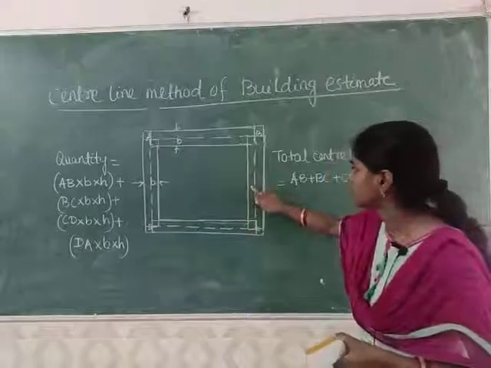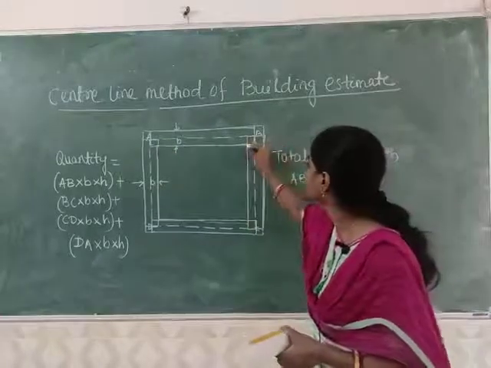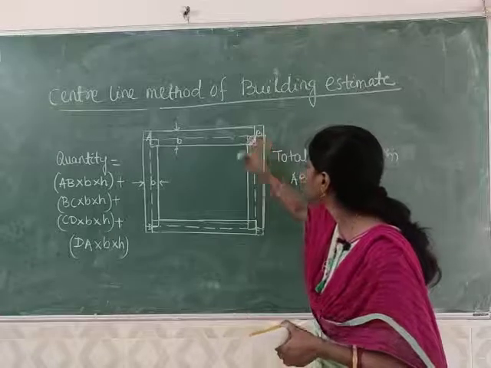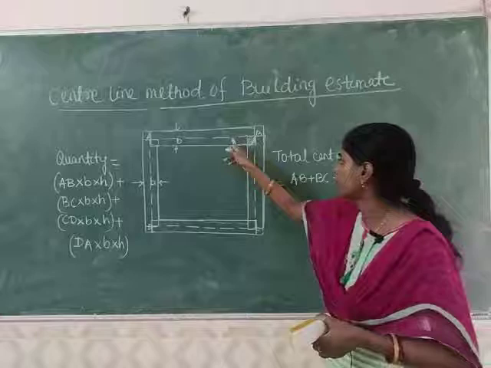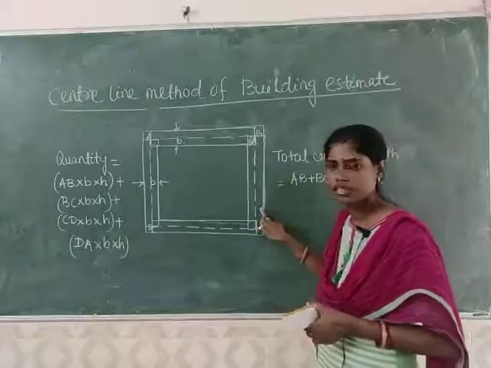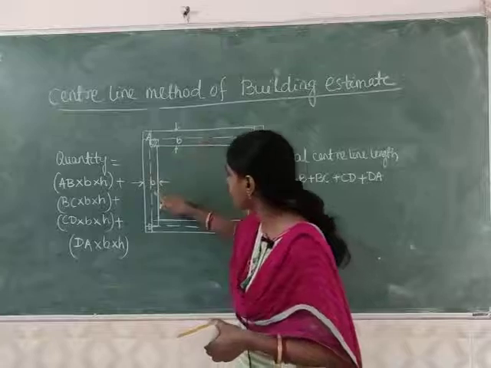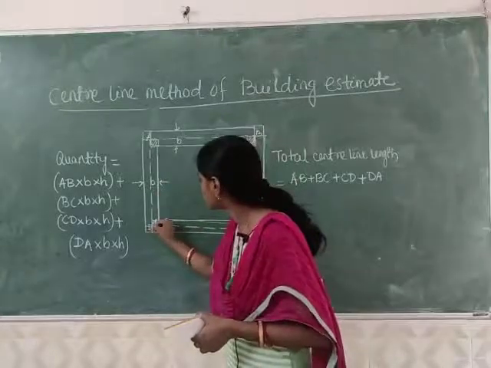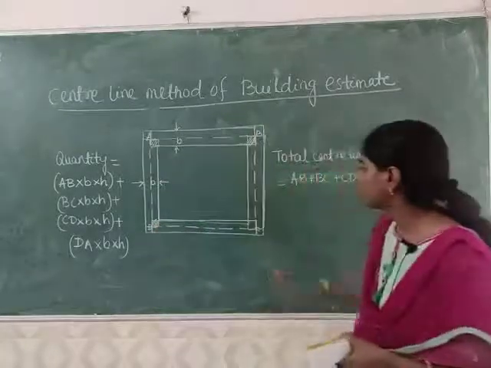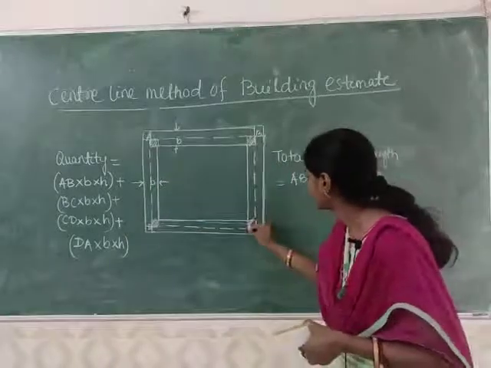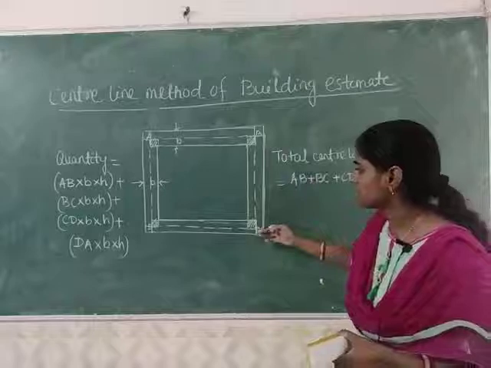So, note one thing, while considering the wall AB and BC, one portion is common. This portion is common for AB and BC. Similarly, this portion is common for AB and DA. This portion is common for CD and DA, and this portion is common for BC and CD.